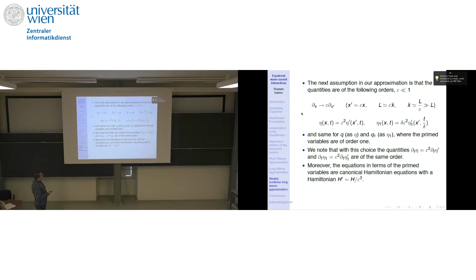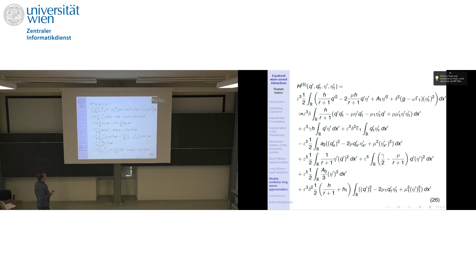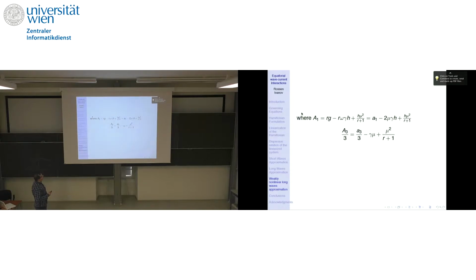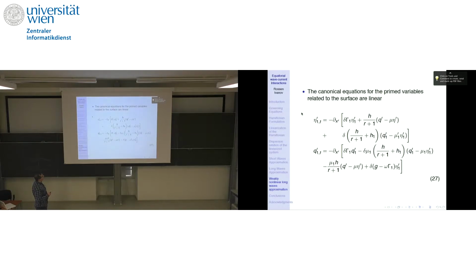If we look at the Hamiltonian and expand, where delta is another parameter that we are going to specify later on, of order epsilon or smaller, and if we work out the expansion of h in terms of these canonical variables, up to epsilon 5 or epsilon cubed delta squared, we have this Hamiltonian and some other constants, and a system of coupled equations.